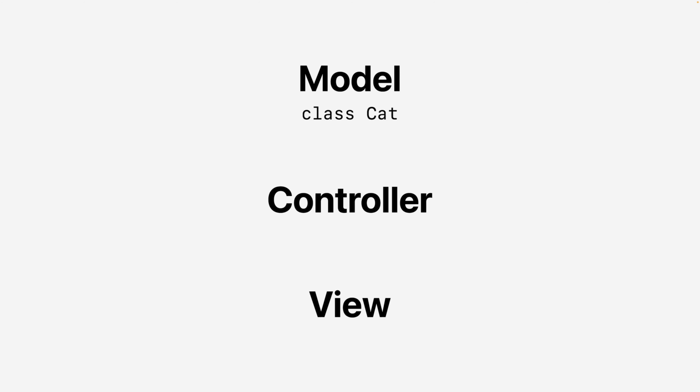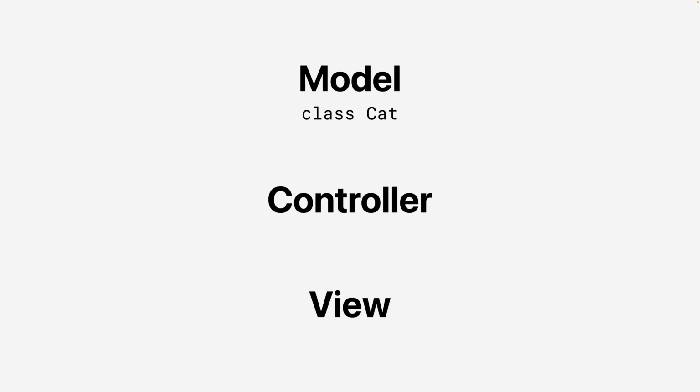Before answering these questions, we need to take a slight detour to understand a classic design pattern, the MVC. Or in other words, Model View Controller. Model View Controller is essentially a technique for splitting your code into three modules. Model corresponds to your data structure.